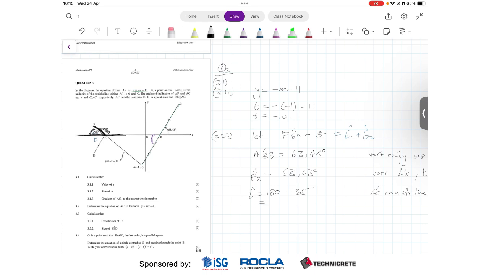Therefore, this tells you that the angle at E1 is equal to 45 degrees. And finally, theta is equal to 63.43 plus 45, which is 108.43 degrees.